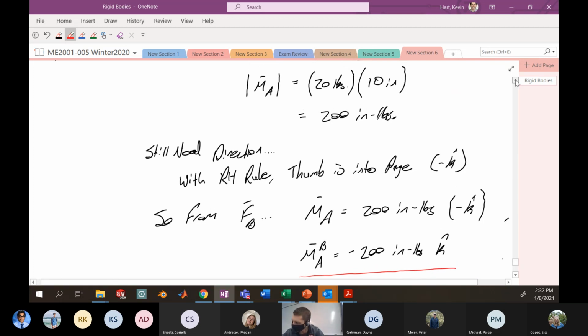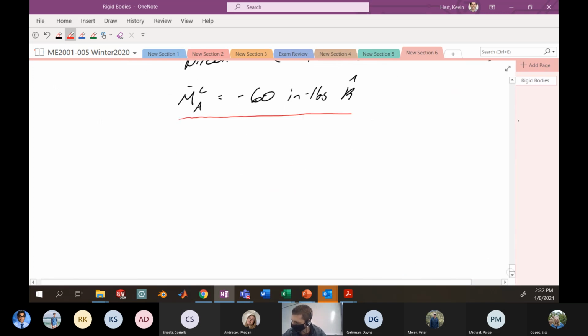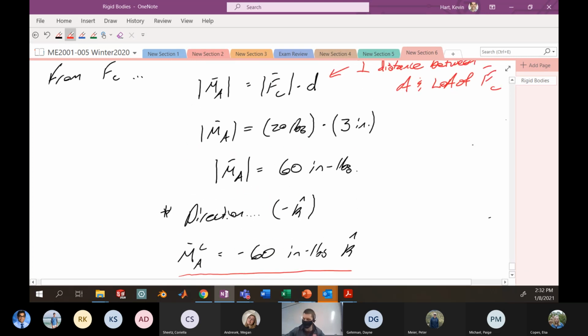And that's exactly what we saw with the traditional methods, where we had a 200 inch-pound contribution from the force at B and 60 from the force at C. So it's the same thing, it's just a faster method. I slowed this way down so you could understand what's going on with this shortcut calculation.